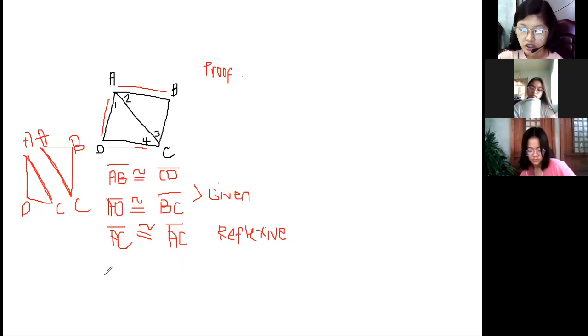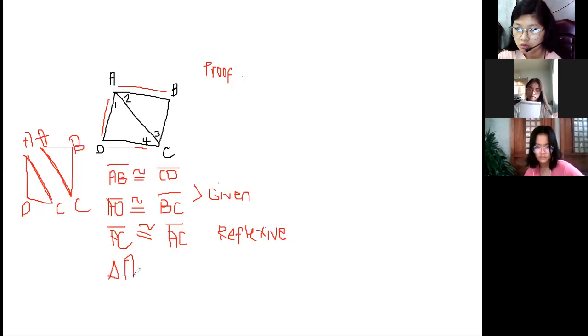And another one, since na-discuss ko na sa inyo kanina, nung nahati yung ating quadrilateral, nagkaroon tayong two congruent triangles. Kahit anong name niyan, ABC, ACB, basta nandun yung A, B, and C. So, kung paano yung pagkakasunod ng first triangle, dapat ganun mo din i-name yung next triangle.